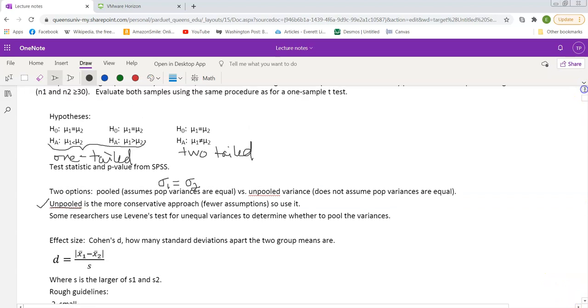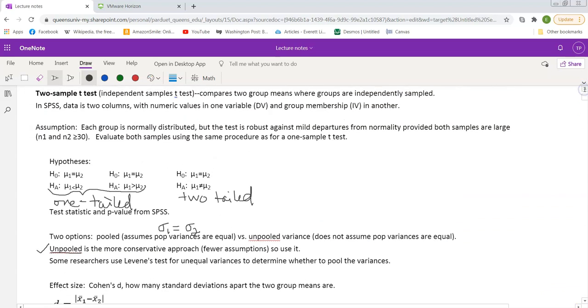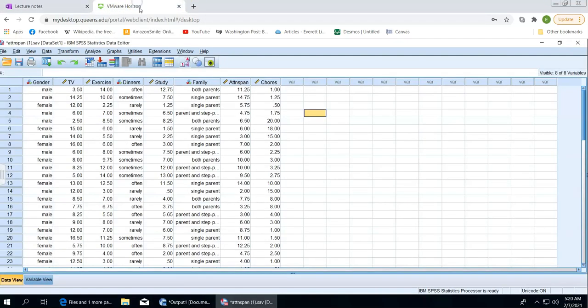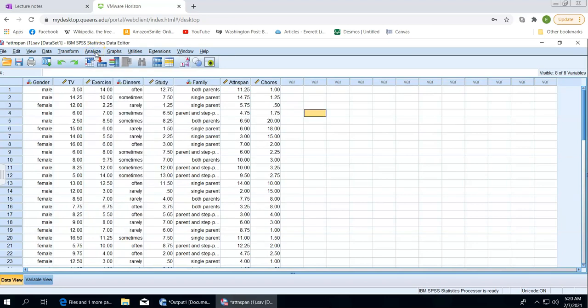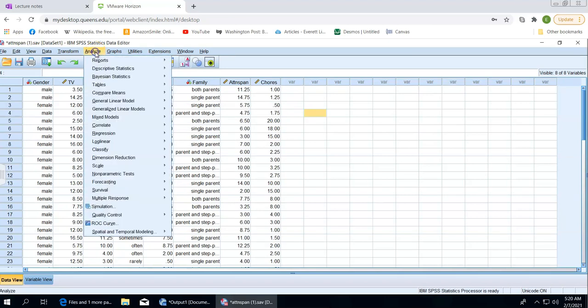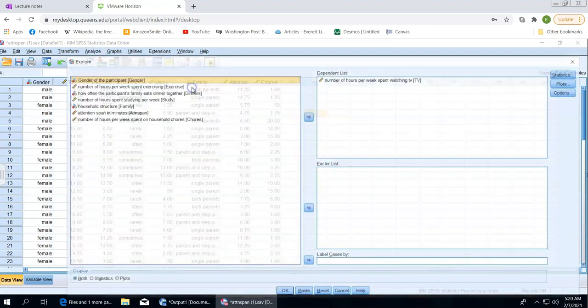Let's go ahead and we'll come back to effect size. But let's go ahead and start with our example. So we're first going to test our assumption of normality. So we're going to analyze, descriptive statistics, explore.